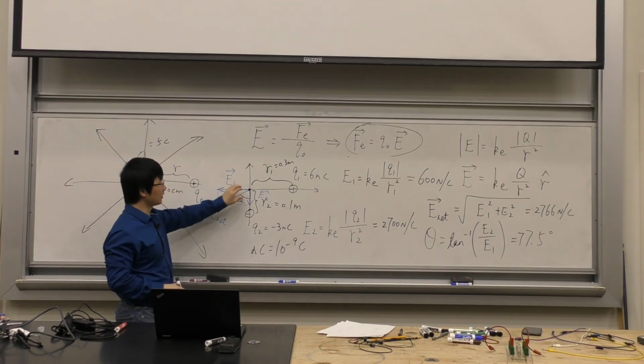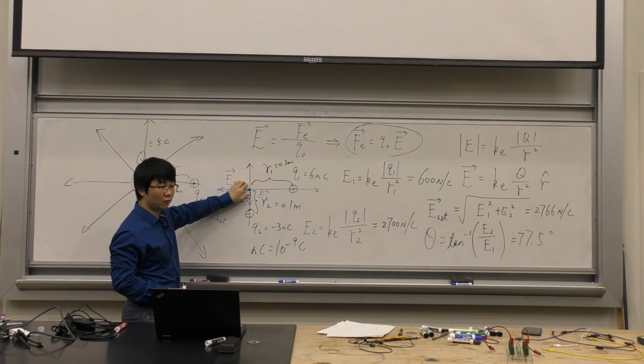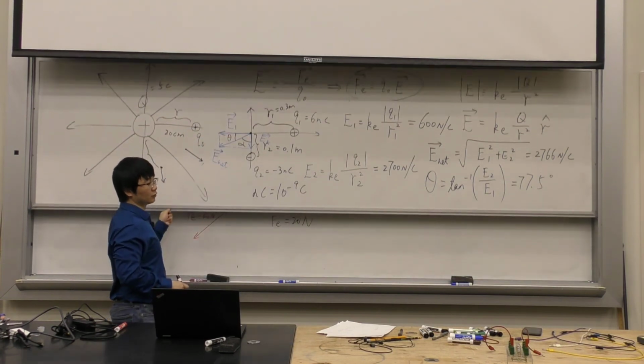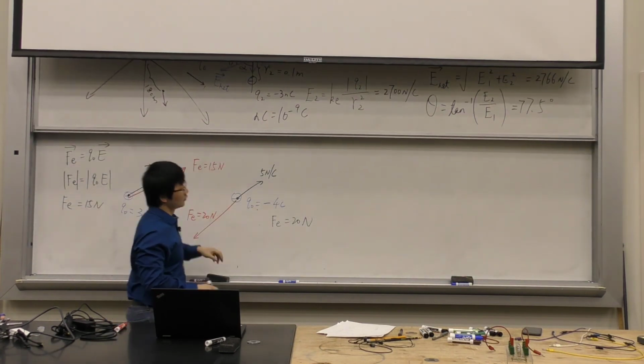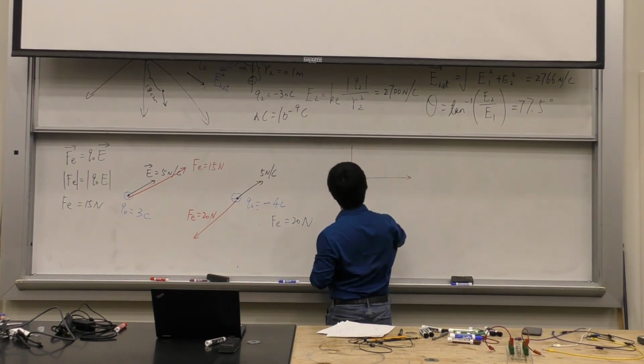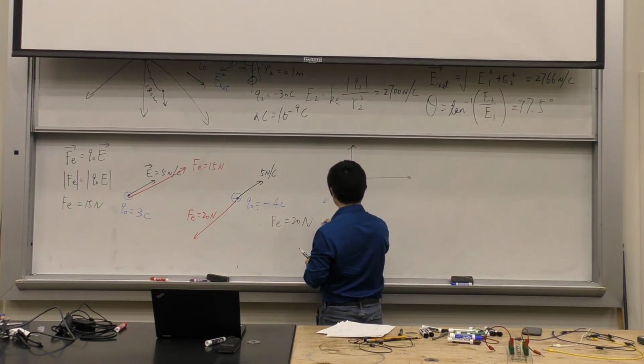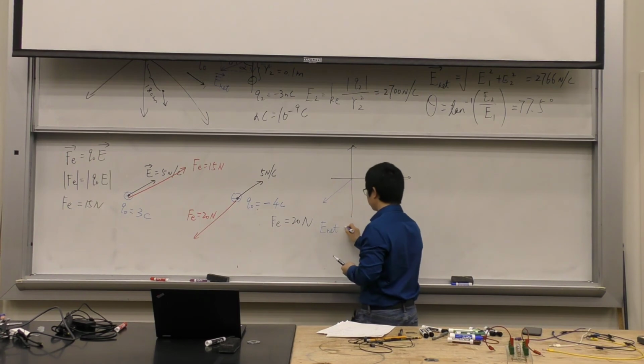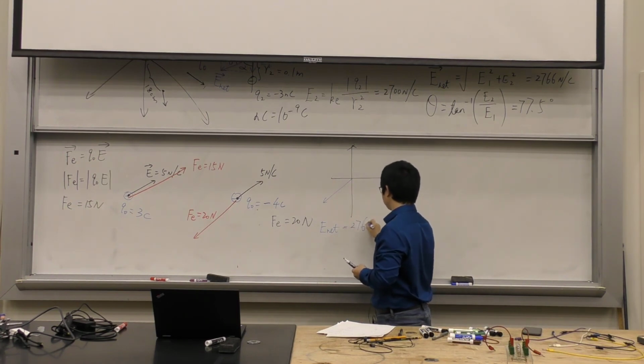Then I put a test charge here. I want you to find the force. I'm going to use this theory, right? So all I need to do is this. Now I have already found the electric field, okay? So the net electric field created by these two sources is 2766 newtons per coulomb, okay?